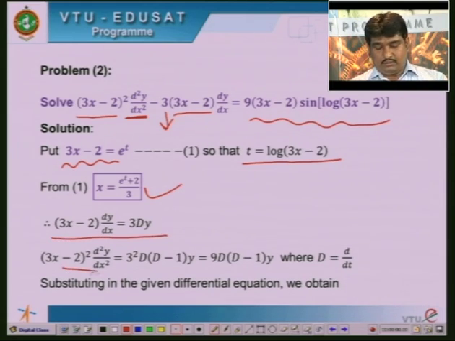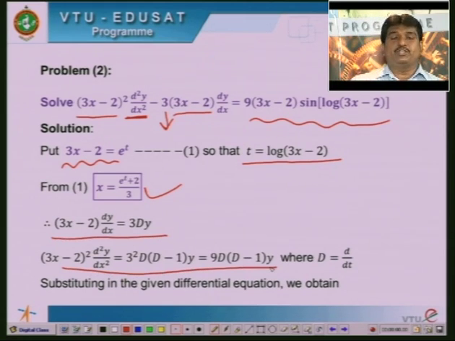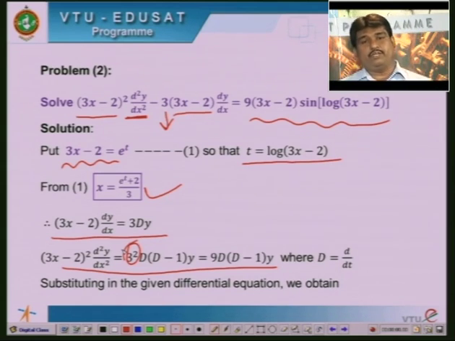These are the corresponding transformed terms. (3x minus 2) into dy by dx gets transformed to 3 into Dy, and (3x minus 2) whole square d square y over dx square gets transformed to a square, where a is 3 here, a square into D into (D minus 1) into y, which is 9 times D into (D minus 1) into y.